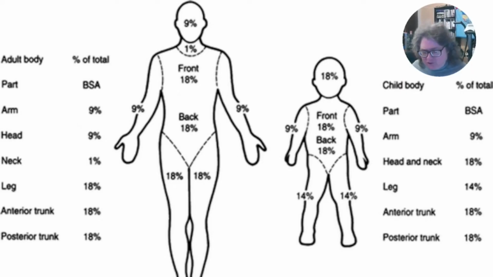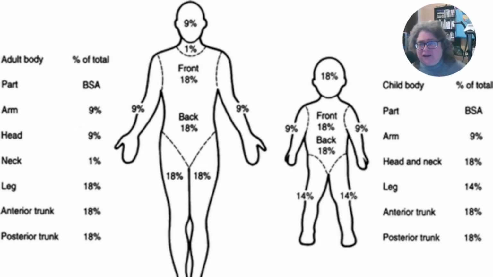So let's do this. We can see that in the adult, the front of the head and neck is 4.5%. The back of the head is 4.5%. It's 9% total. Okay? The front, the chest area, is 18%.